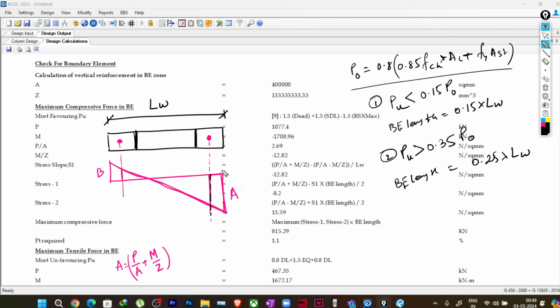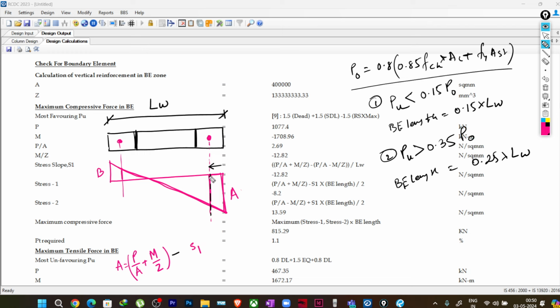Obviously here the stress will be reducing from this particular edge, and we know the rate of change of stress. So if we go in this direction, the stress will be reducing, so I'll do minus. How much? I know the rate of change of stress is nothing but S1, which I found out as the slope. Or we can say a change of stress per unit length.